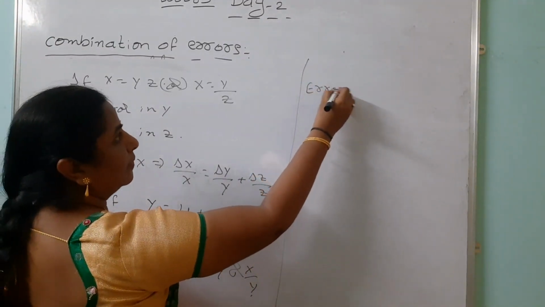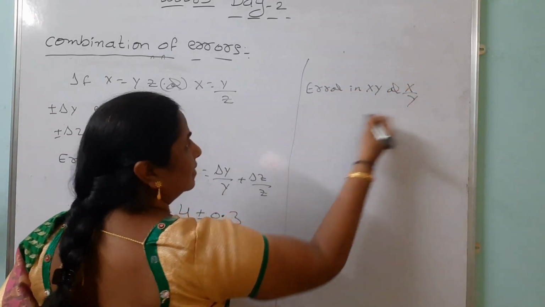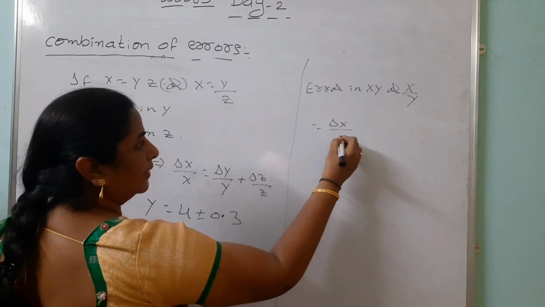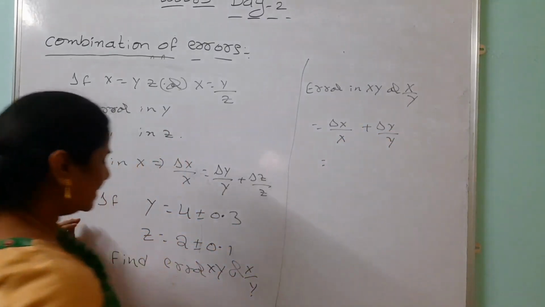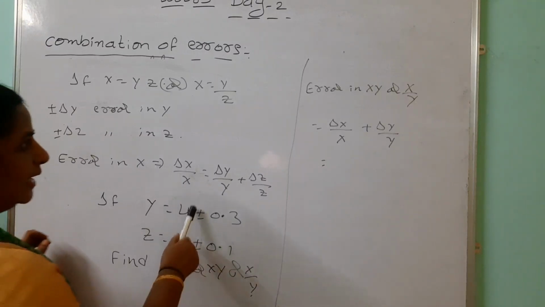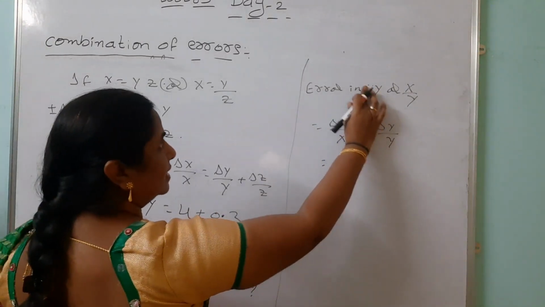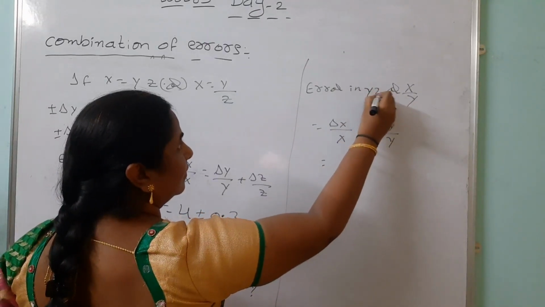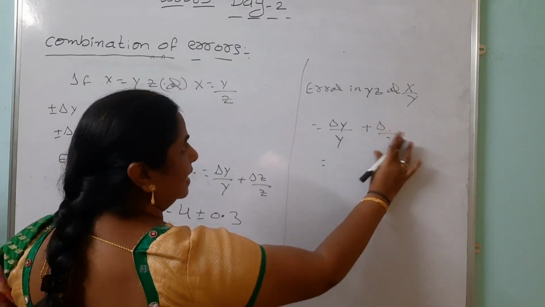Error in yz or y by z: delta x by x equals delta y by y plus delta z by z. Here, 4 by, this is the y value, this is the z we are taking. Delta y by y plus delta z by z.